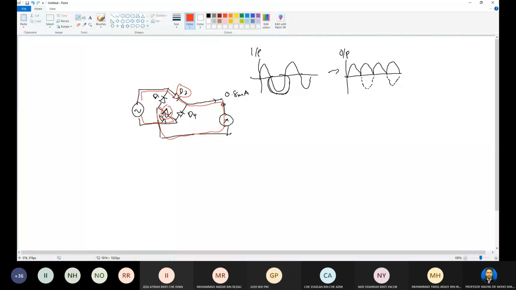So that is the flow you can see for the full wave rectifier. For the positive cycle, D2 is on, then it goes through D3, then goes to the output. That is the flow of the current.